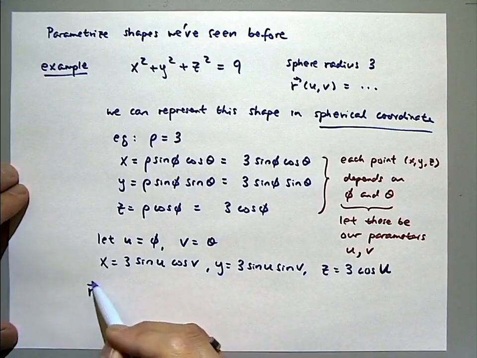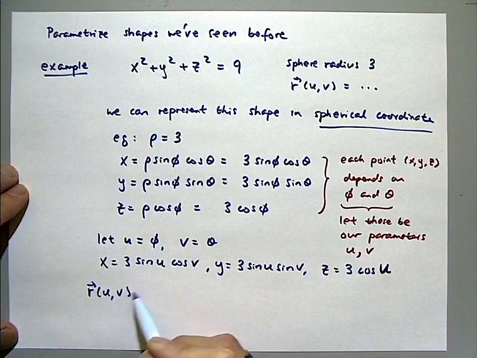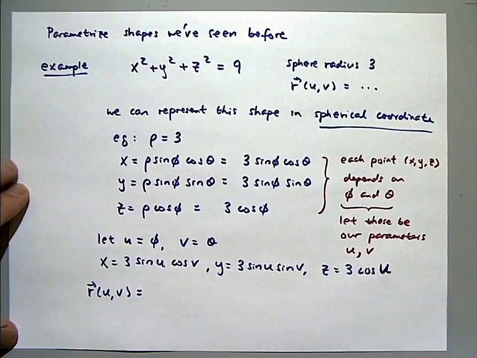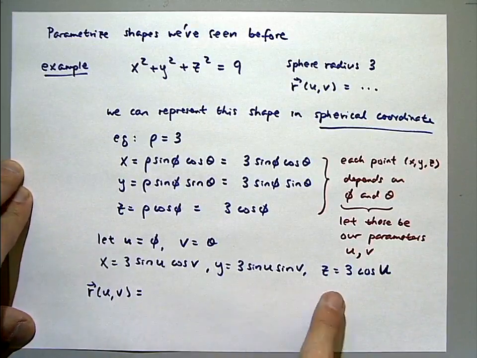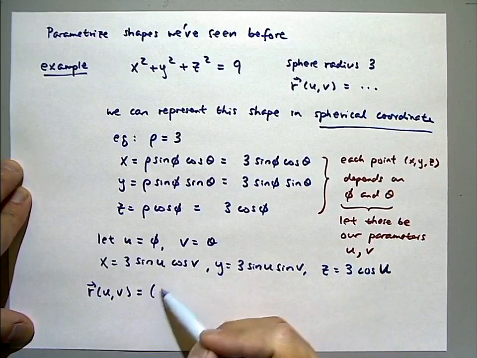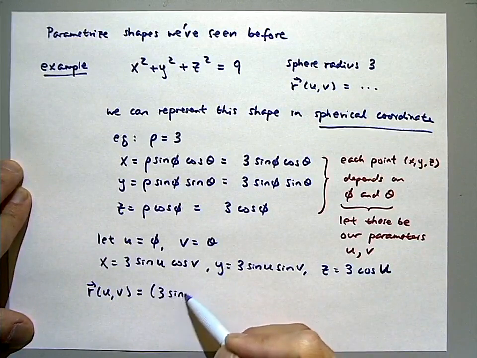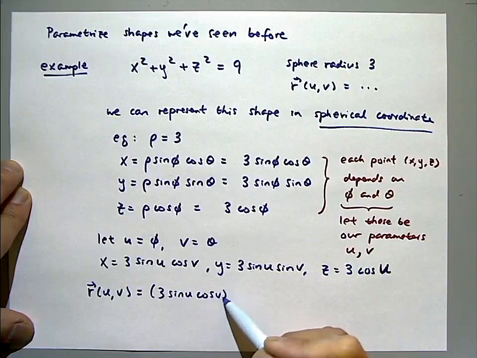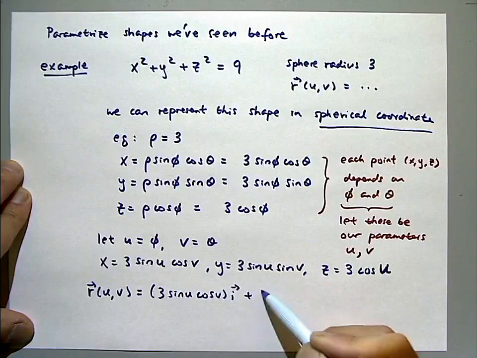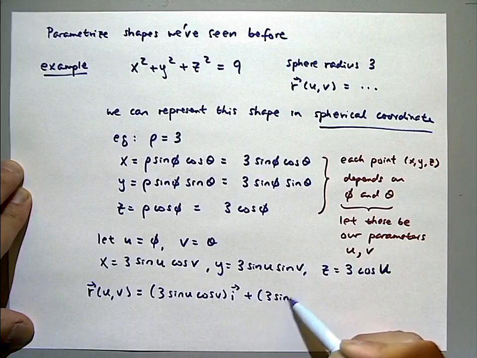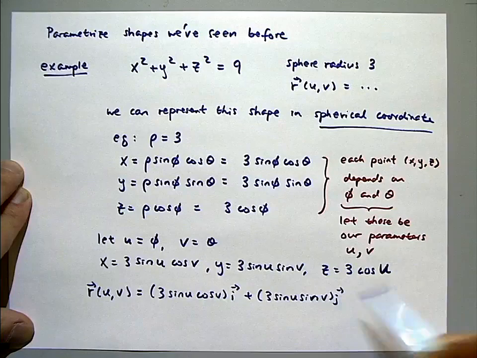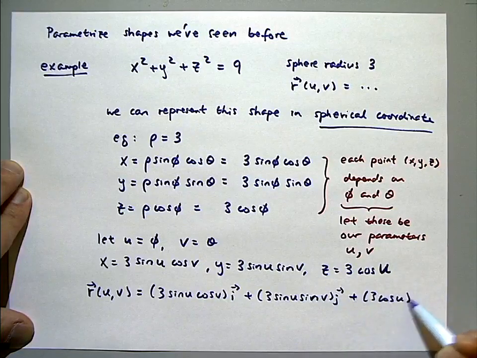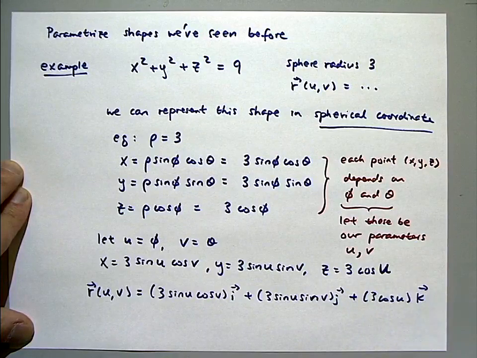And that means my vector equation, parametric surface for that sphere, can be written as x i plus y j plus 3 cosine u k, right?